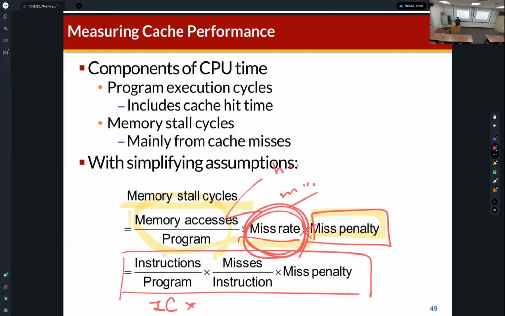So we can say this is the misses per instruction, MPI. We will not learn about this metric in detail, and multiply by the miss penalty, the number of cycles for a miss case. So we can calculate the memory stall cycles like this.